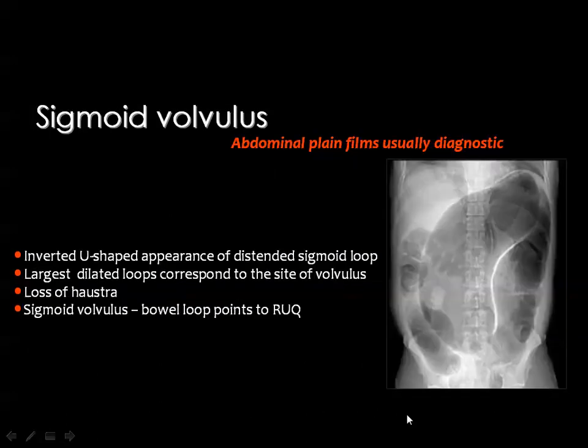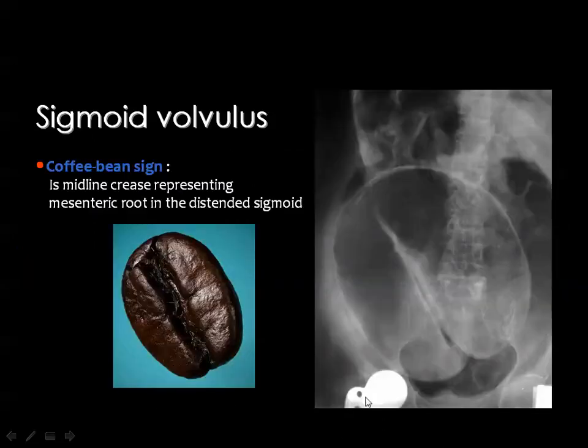Then the dilated colon usually points to the right upper quadrant, but actually you don't need this pointing for the diagnosis. If you see the region of the sigmoid is usually dilated and it looks like the inverted U configuration, then the diagnosis is easy. And this is what we call the coffee bean sign, and it's almost typical to the appearance of the coffee bean.